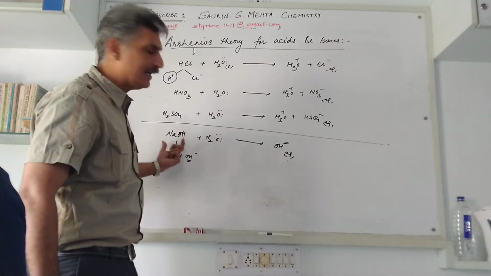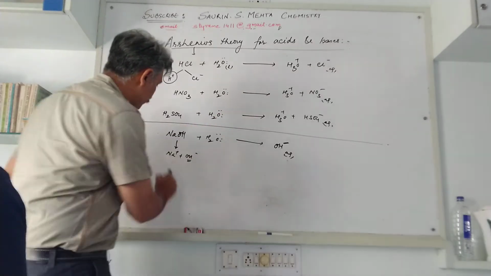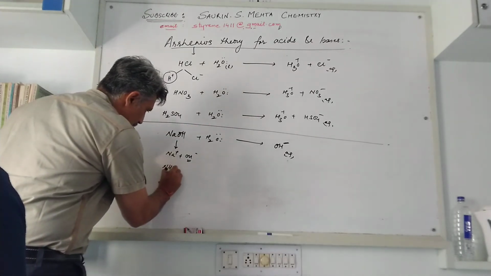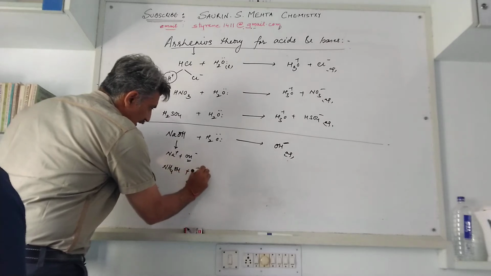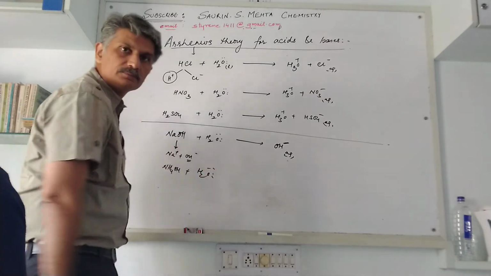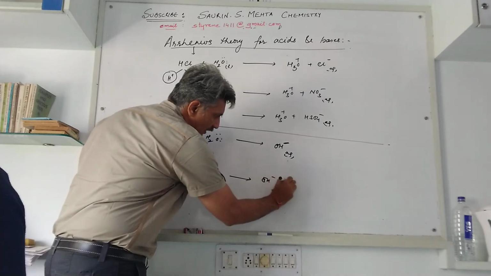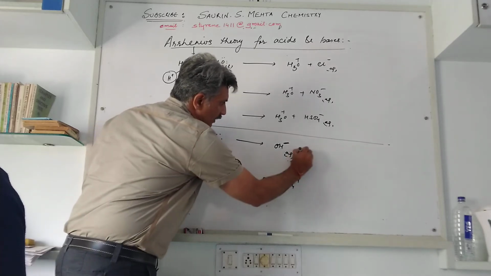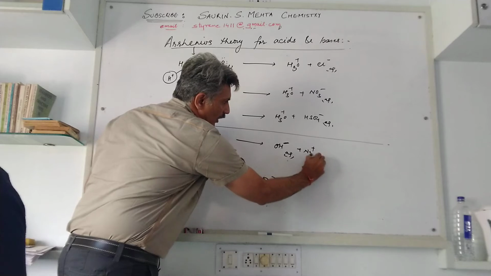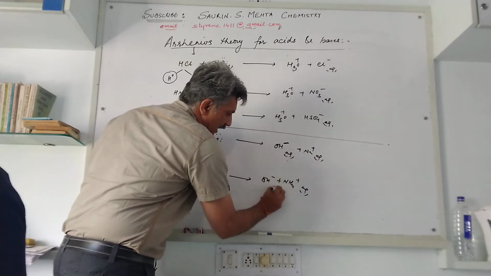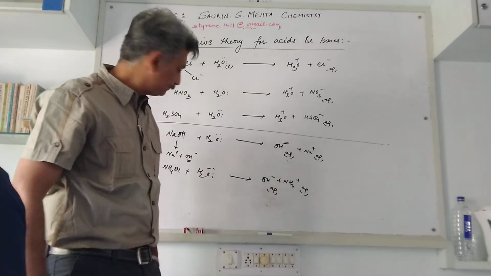NaOH is a base. Instead, if you take NH4OH, ammonium hydroxide, and react it with water, H2O, then it will again form OH minus with NH4 plus. All aqueous; I have written aqueous, meaning they have already reacted with water.